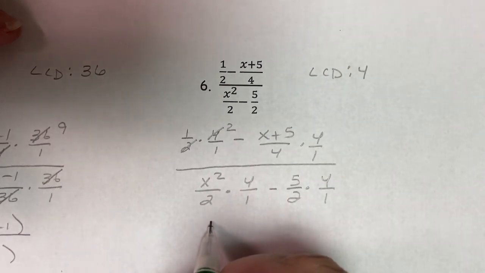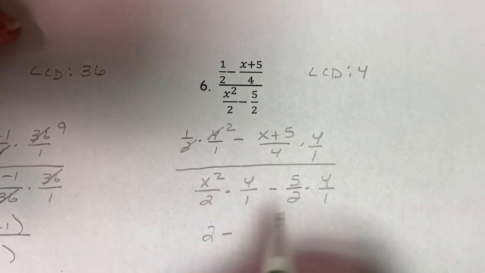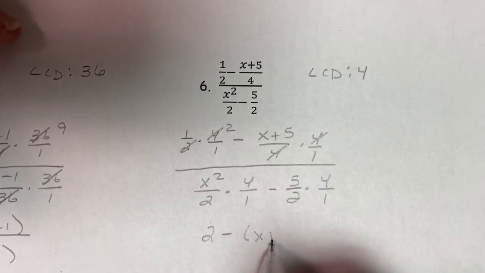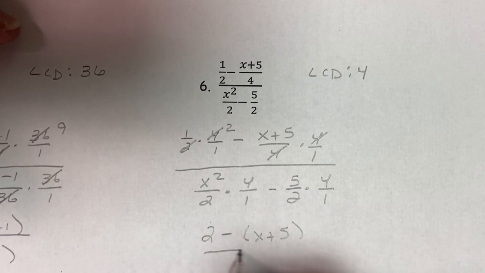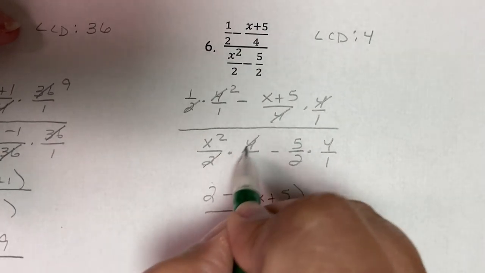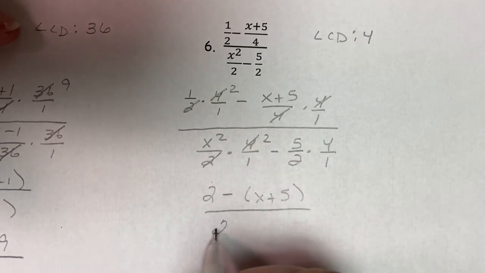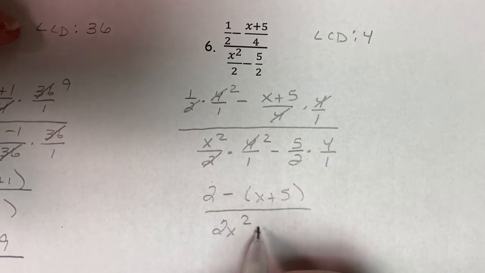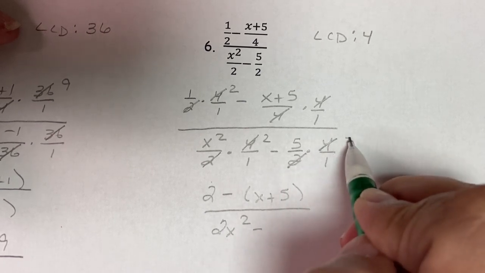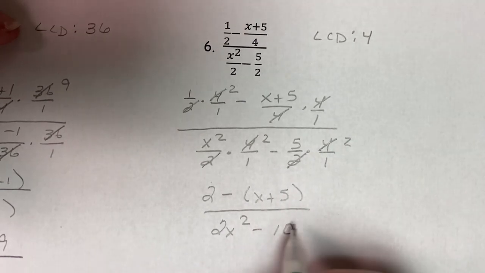So that's going to give me 2 times 1, or 2, minus, now here I'm looking at the 4's canceling, but I'm left with the x plus 5. Did you make sure that you put that in parentheses? Here the 2 will cancel into the 4 twice, which will leave me with 2x squared, minus, and here the 2 will cancel into the 4 twice, giving me 10.